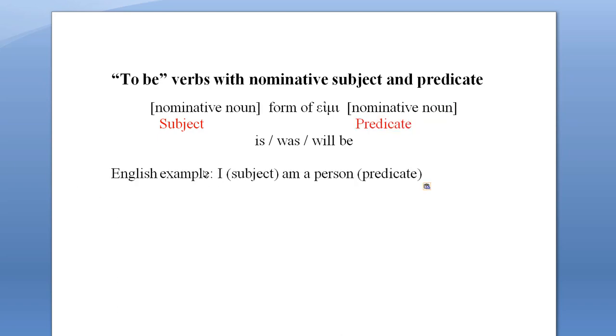So here is an English example. I am a person. So I is the subject, am is the to be verb, and then person is the predicate.